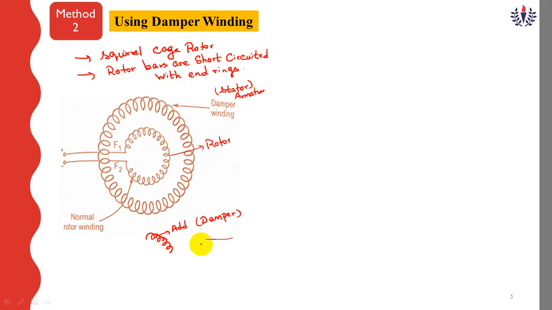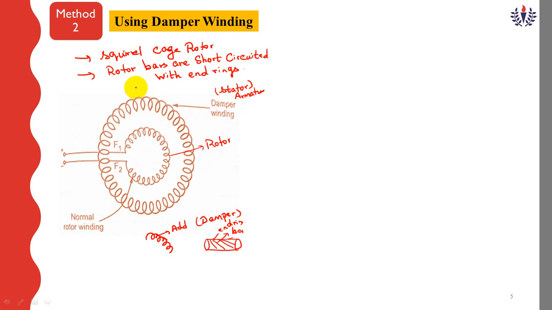What is the structure of a squirrel cage rotor? This is the rotor structure. This is nothing but the bars, and this point will be the end ring. The rotor bars are short circuited with end rings. The concept is very simple.